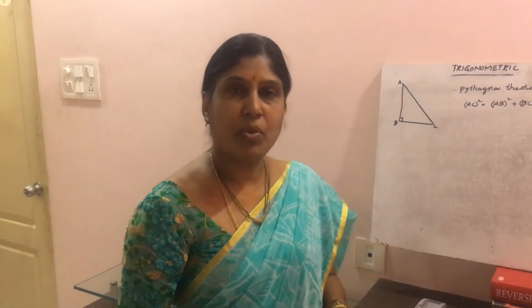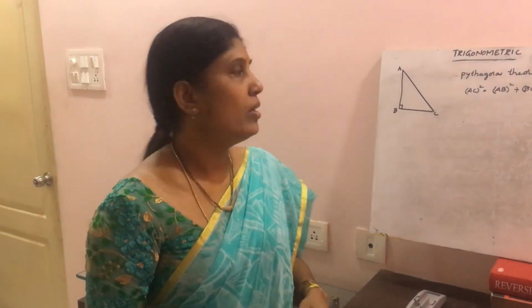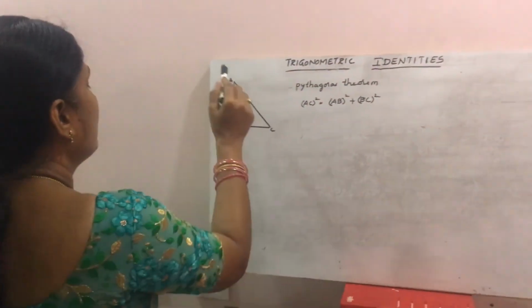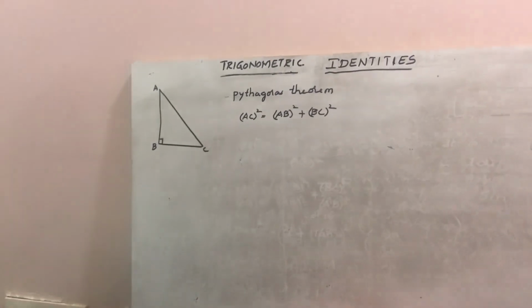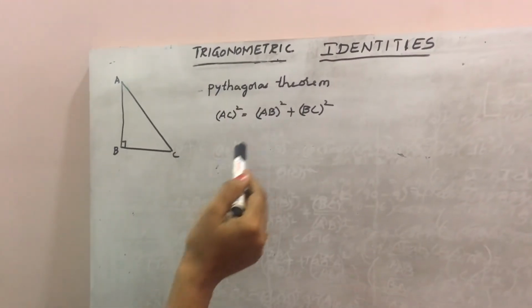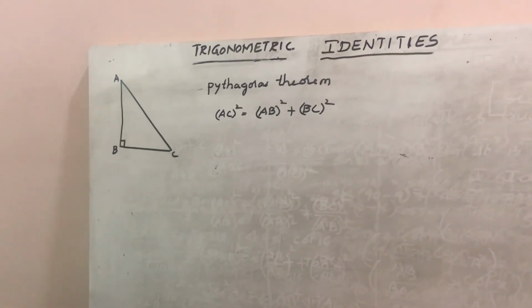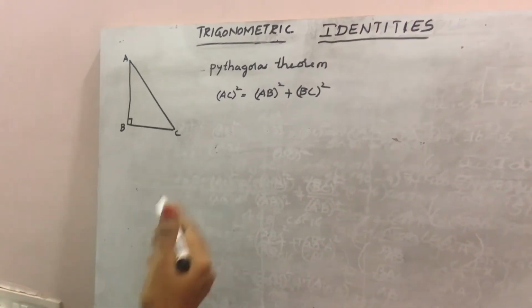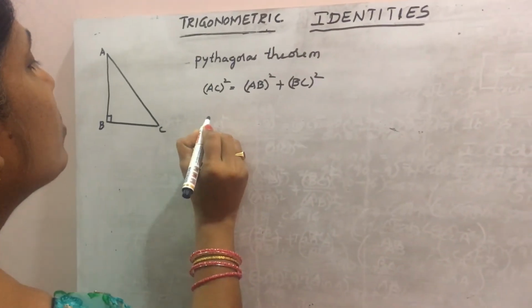Now we will see one more identity of trigonometry. For this also I am taking the same right angle triangle, and by using Pythagoras theorem we can write AC square is equal to AB square plus BC square. Here I am dividing with BC square throughout the equation.